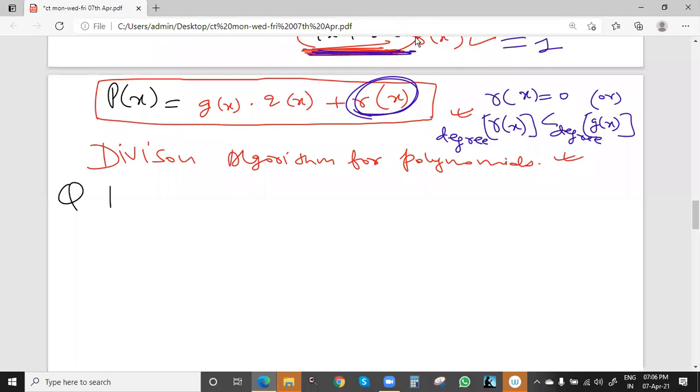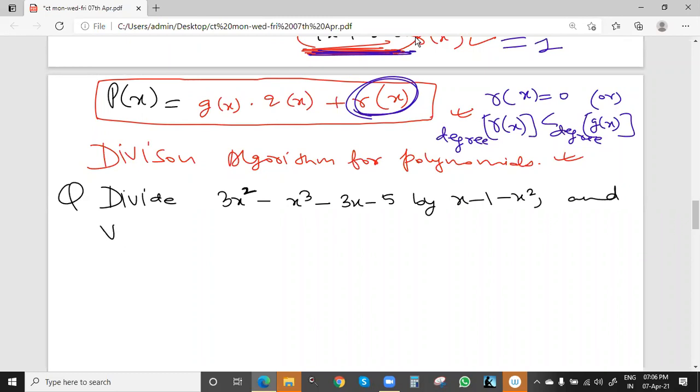Next question: divide 3x square minus x cube minus 3x minus 5 by x minus 1 minus x square, and verify the division algorithm.